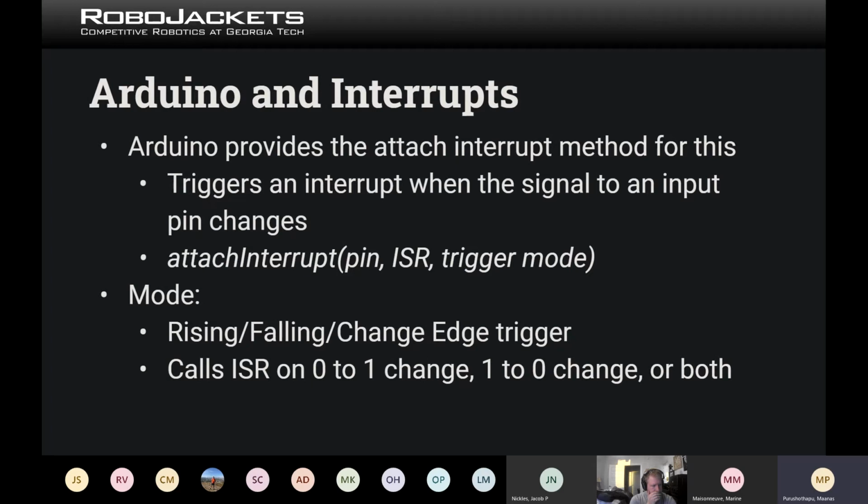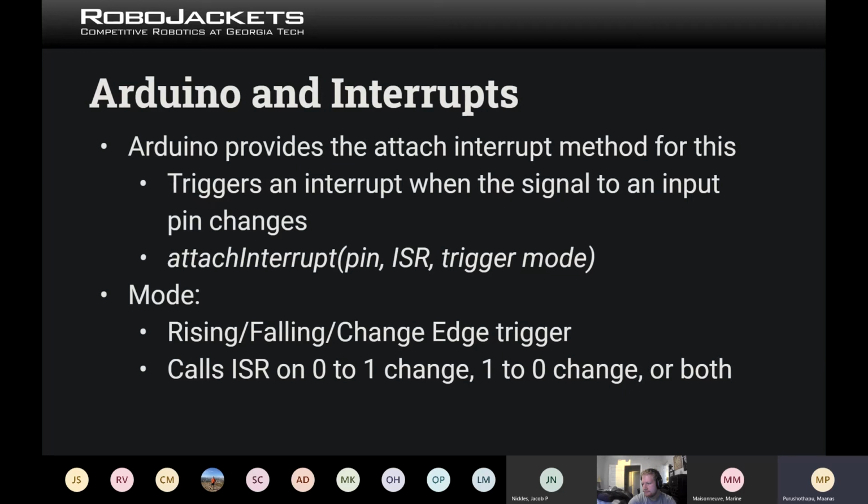And so what you can do with that is essentially assign it a pin to watch, and then you give it a function, an ISR, to run when that interrupt is activated, and then you define your trigger mode. And the trigger mode can be a couple of things. It can be either rising edge, falling edge, or change edge.